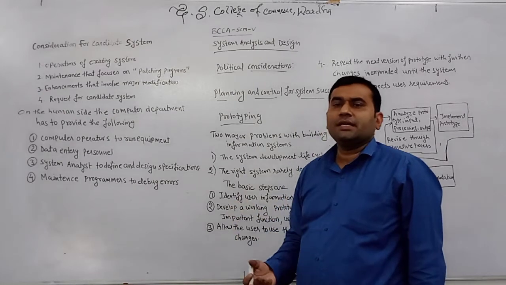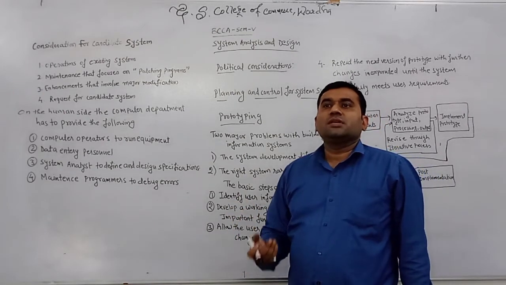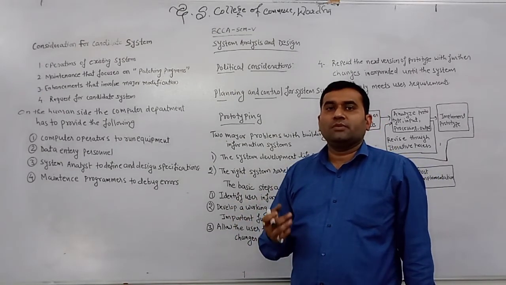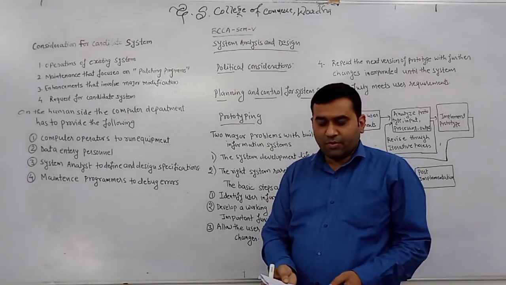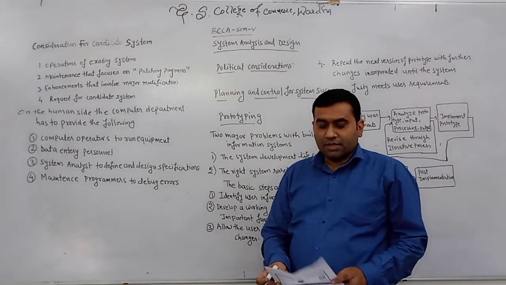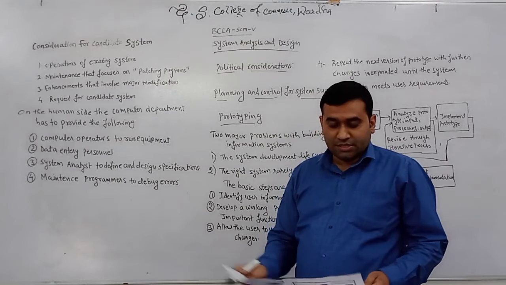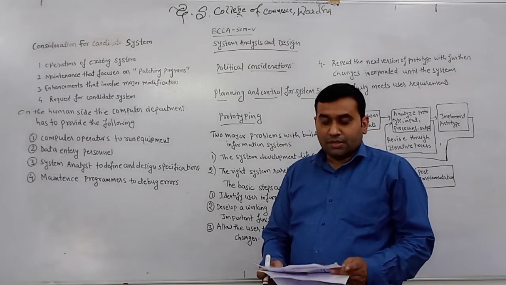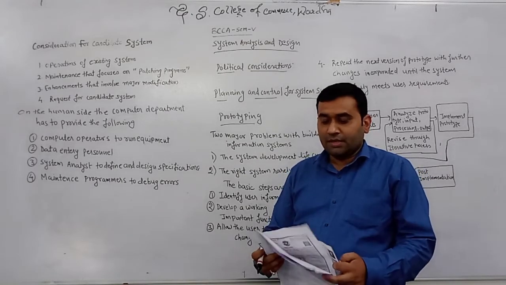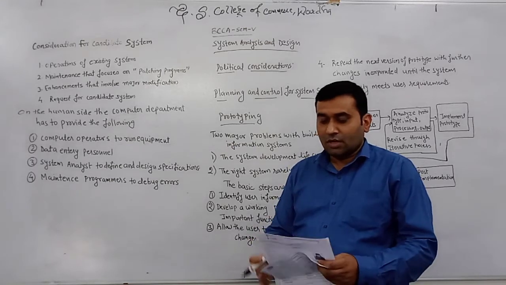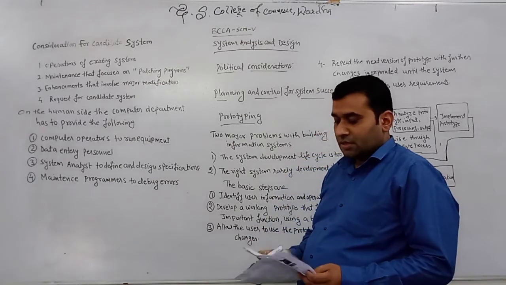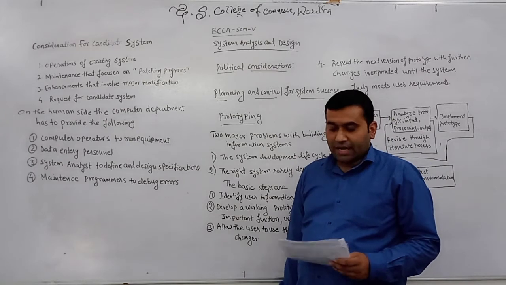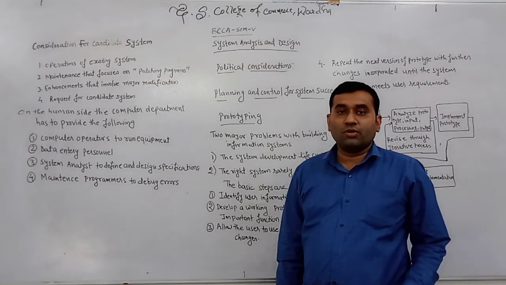When you decide to develop a new system, the system must work properly and perform its operations properly. At that time, the system needs to succeed and work properly. For the success of the system, analysts play the main important role.